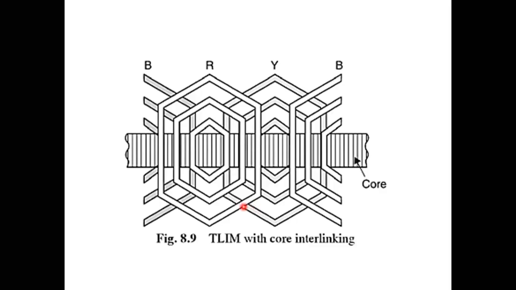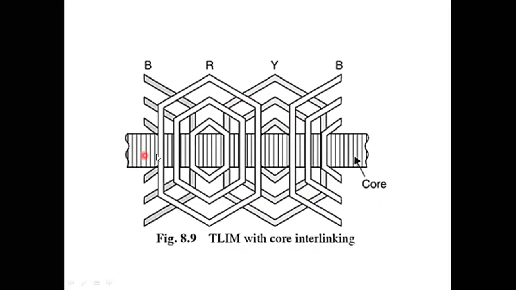Next, this is the transverse flux linear induction motor with core interlinking. This is the core and these are the individual cores of the R, Y, B. Here, if you observe, this is the three-phase winding with a distributed, short pitch nature.